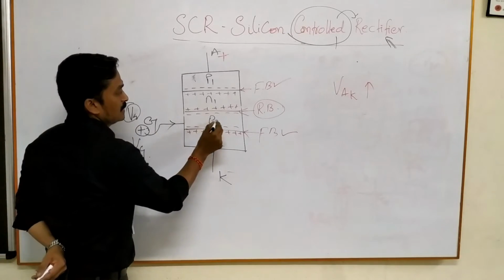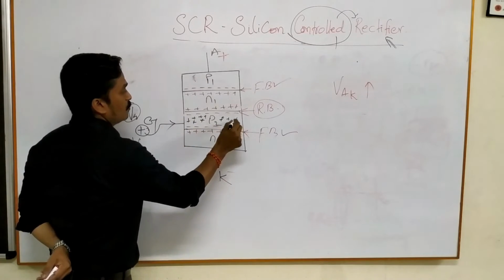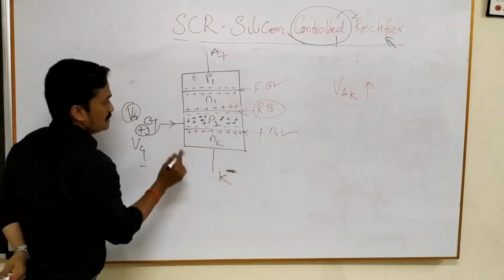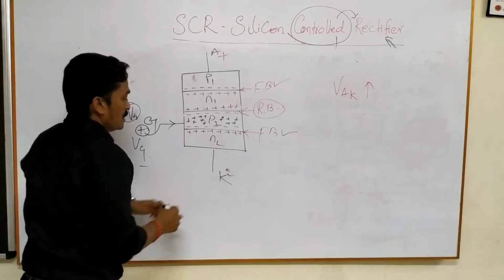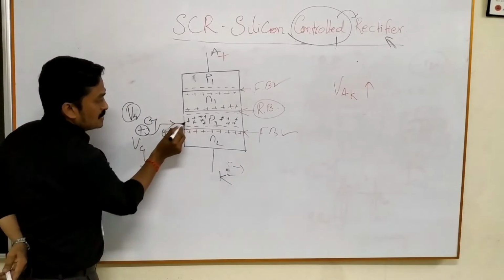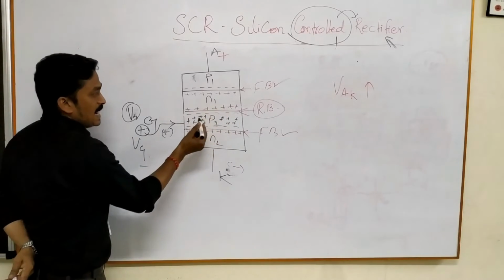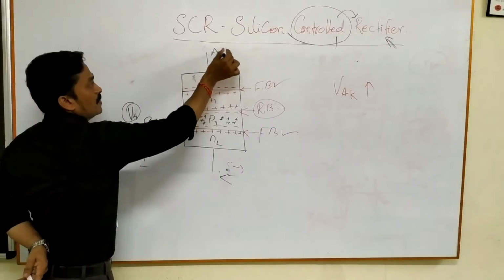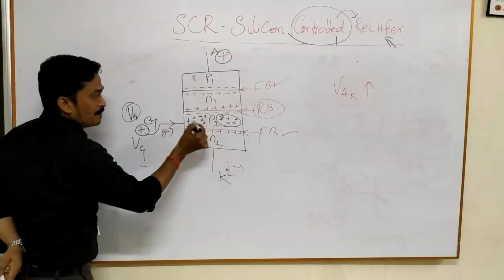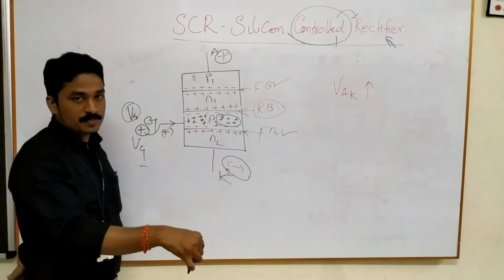Now see here, P2 has a high concentration of holes, and this is negative polarity and this is positive polarity. Now this plus pushes all the plus in the P2, and these plus will not go this way because this plus is opposing this plus. Then what will happen? These plus, which means these holes, will move towards the negative polarity.